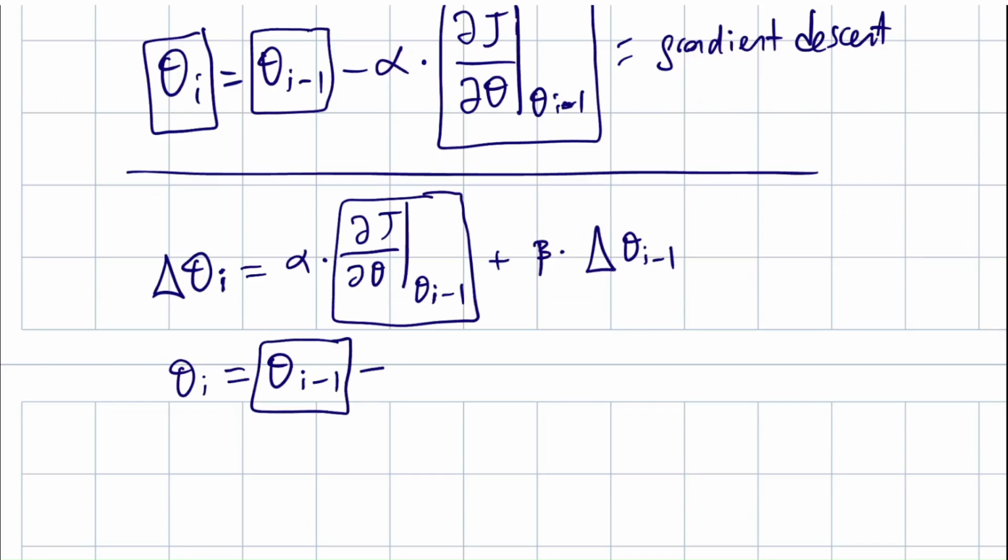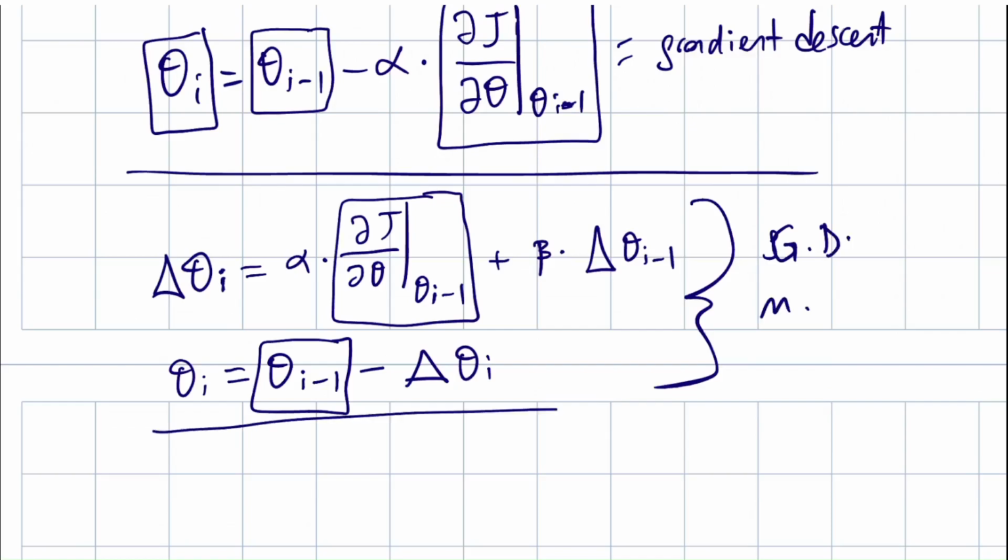This is your update minus the theta change. Let me call it gradient descent with momentum.